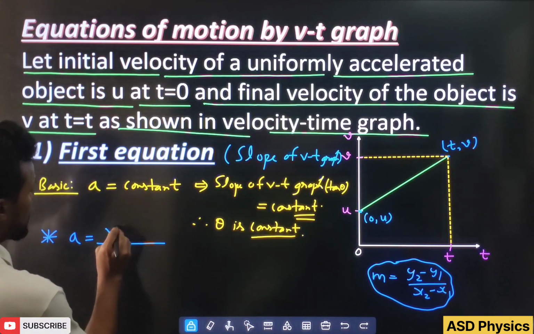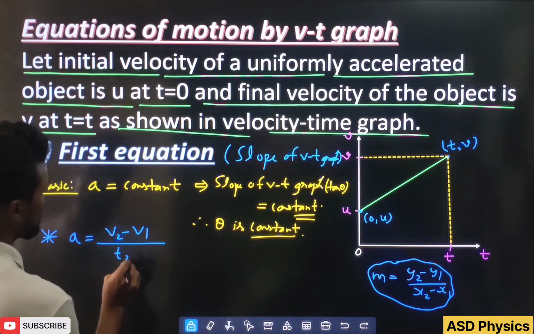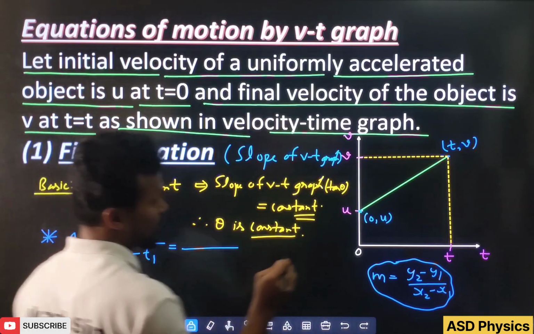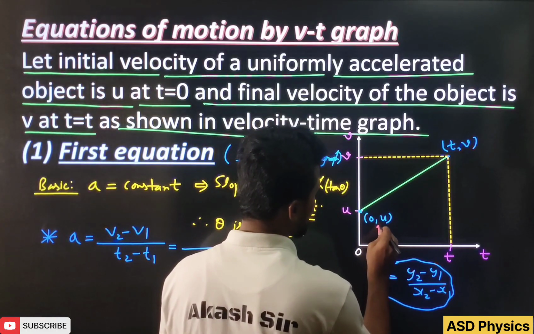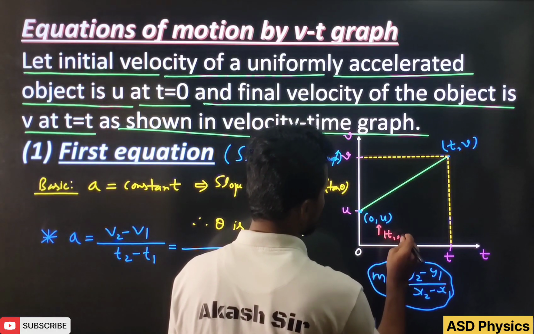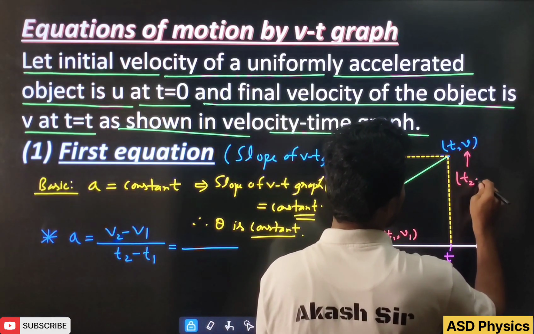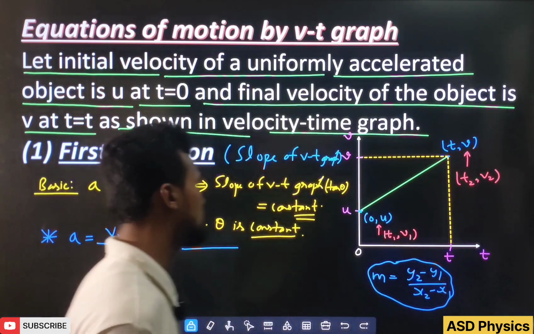I can write acceleration in a basic way as v2 minus v1 by t2 minus t1. For basic understanding, let's take this as t1 comma v1, and this as t2 comma v2.